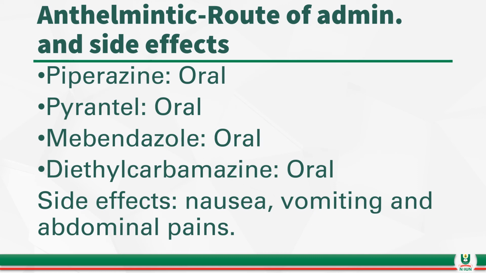Usually, the drugs in this category, like piperazine, are given orally, pyrantel orally, mebendazole orally, diethylcarbamazine another oral route, and you find that most of the antihelminths, the anti-worm medicines, are usually given orally, and the common side effects are usually the same in all of them. You could have nausea, vomiting, and abdominal pains because they are given orally.